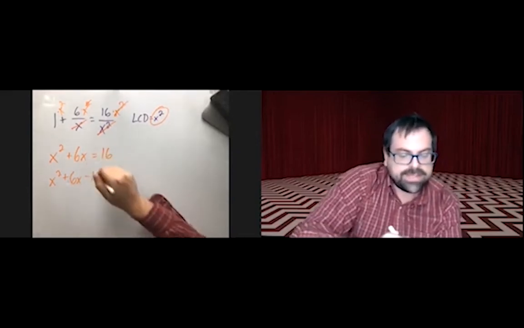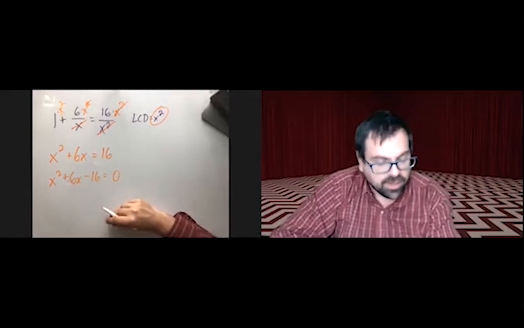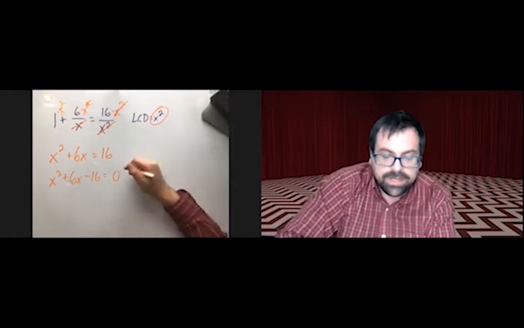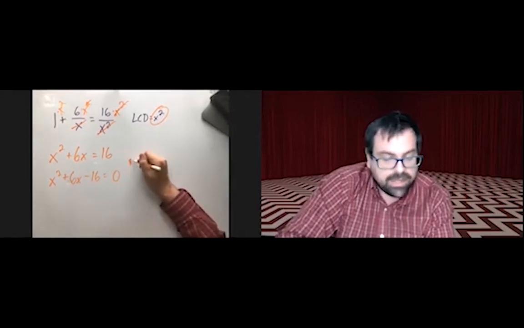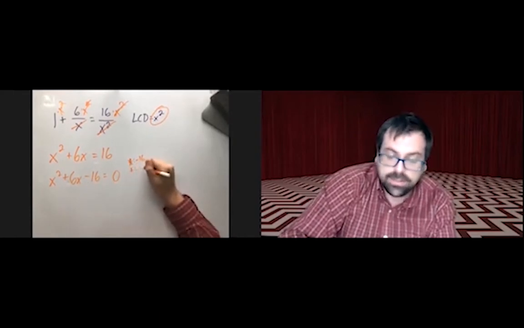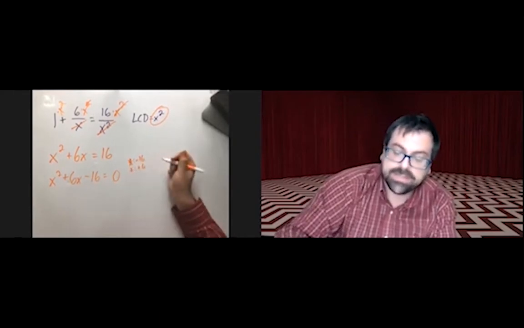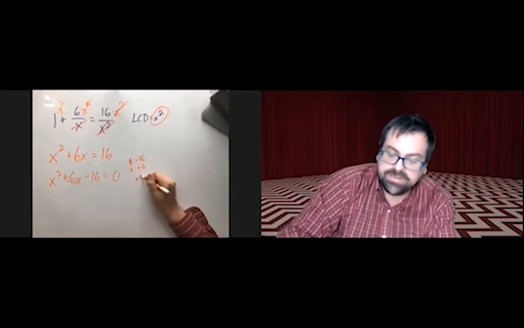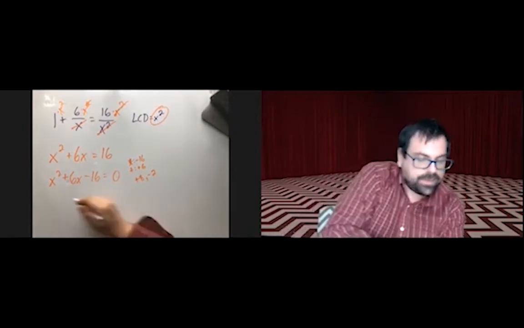So subtract the 16 to get everything on one side, 0 on the other. We need numbers that multiply to negative 16 and add to positive 6. This is positive 8 and negative 2.